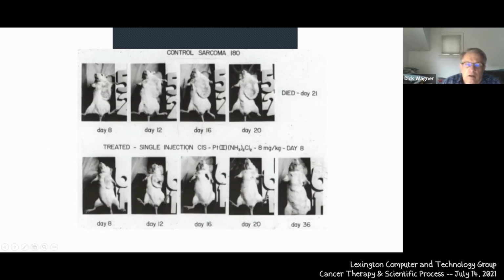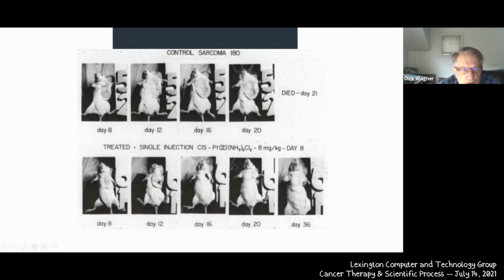All right, this is an experiment that was done probably within the first few months. It took Balb C mice, and they inserted sarcoma 180, which was a known solid tumor that grows well in mice. And they have two sets of mice here.